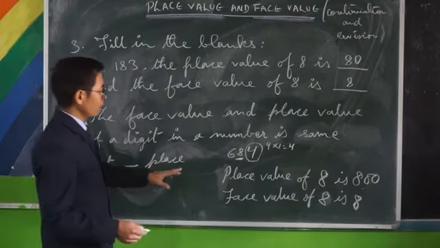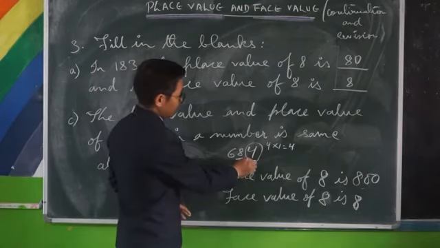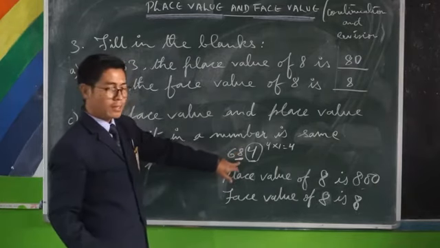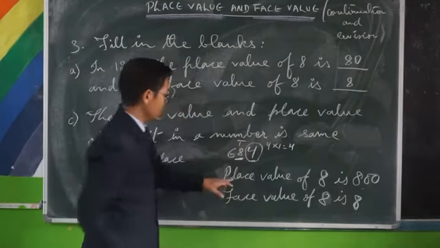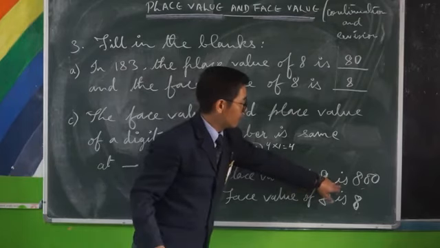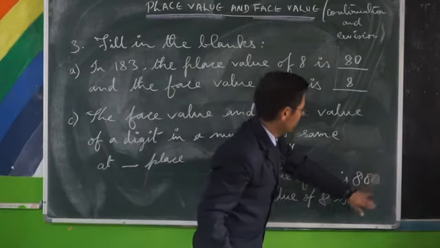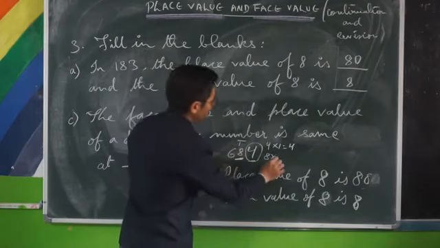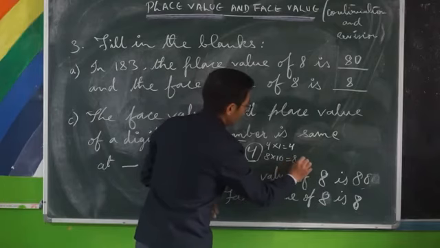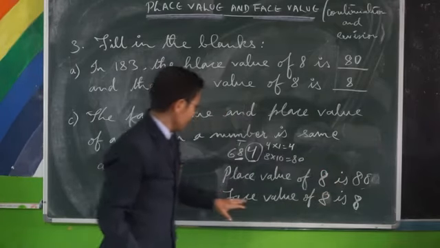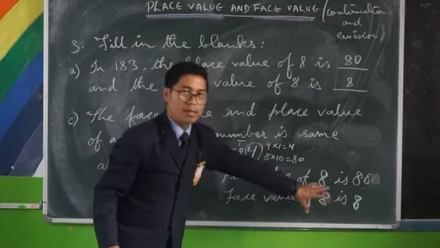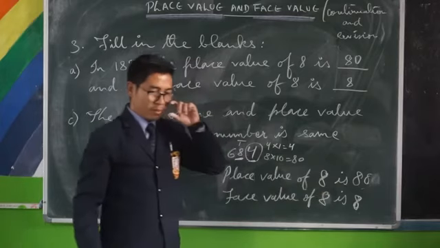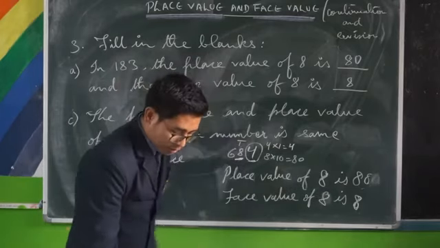We have done this for the 4, which is in ones place. Now move on to the second digit, 8, which is in tens position. So the place value of 8 is 80, because 8 into 10. The face value of 8 is 8, which will remain the same. I hope you have understood till here.